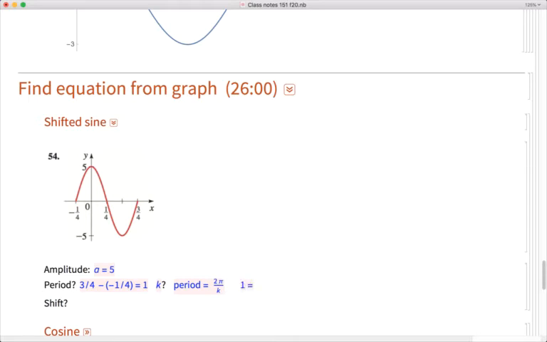So 1 is equal to 2 pi over k, and that tells me that k is equal to 2 pi. And then the last thing to do is to look at the shift. It looks like after the horizontal scaling that the graph has been shifted 1/4 unit to the left.